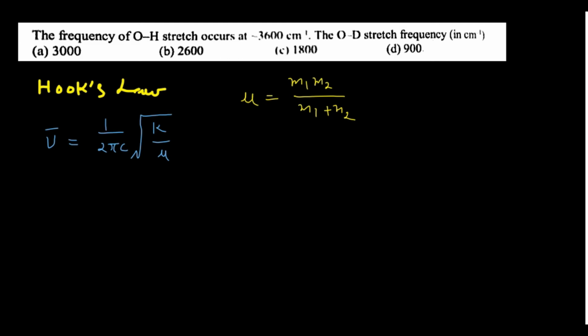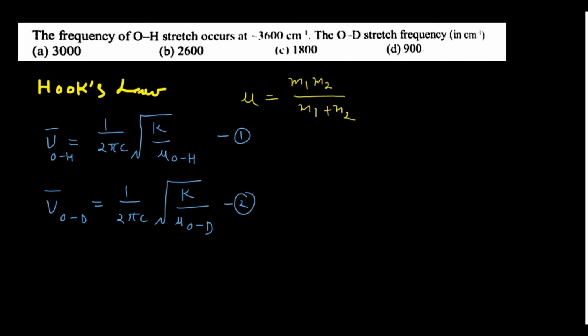Since you have two species, I can quickly write the expression. This is for OH, so here this would be your nu bar OH, equals 1 upon 2 pi c square root of k by mu OH. This is equation number 1. On the same note, you can write equation number 2, nu bar OD, which equals 1 upon 2 pi c square root of k, that is force constant, divided by mu OD. This is equation number 2.